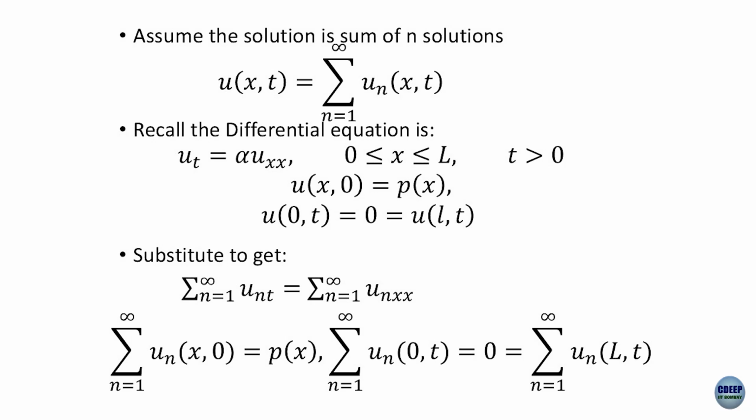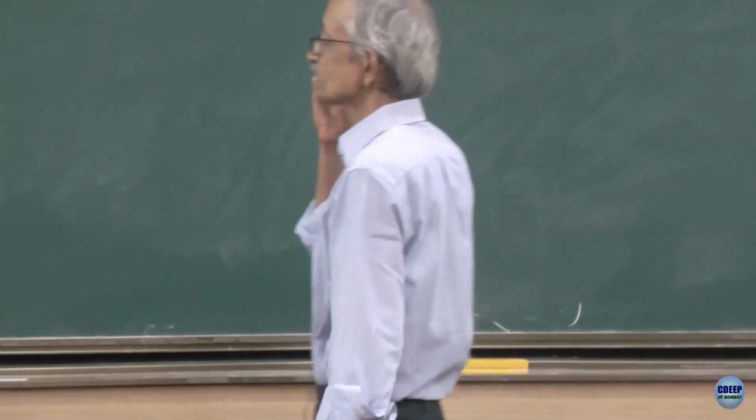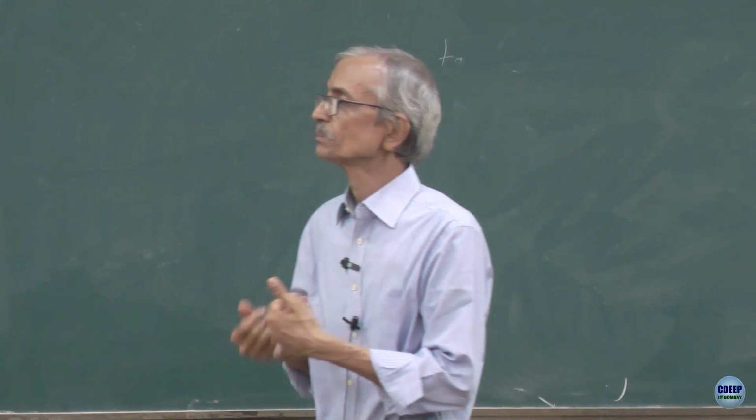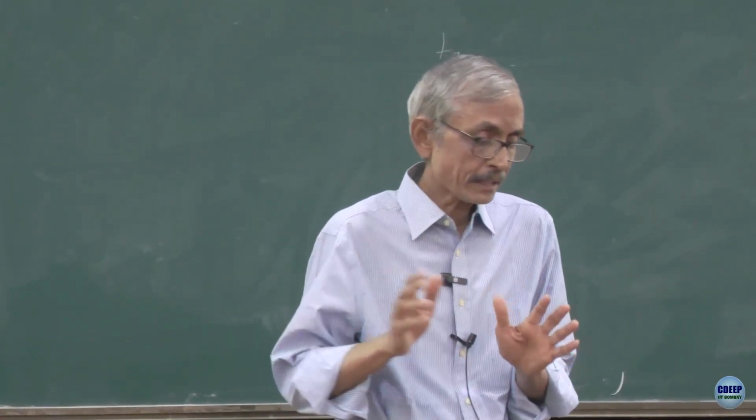So you have summation of unx equal to 0, and that's where the 0 is very helpful, because if you have got something on the right hand side equal to 0, the left hand side has got a summation, you can say that each of those terms is going to be equated to 0.